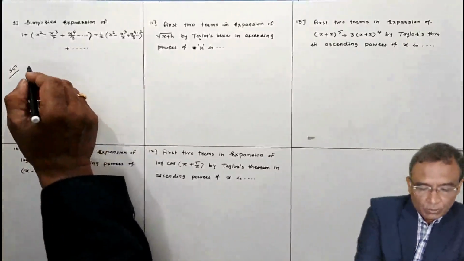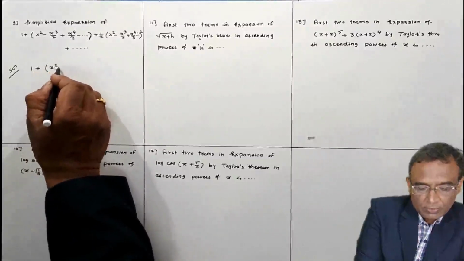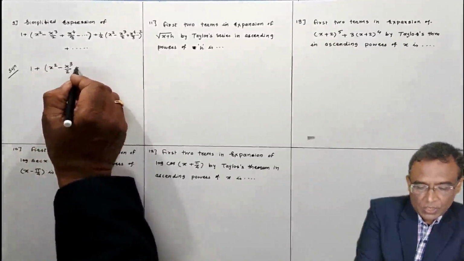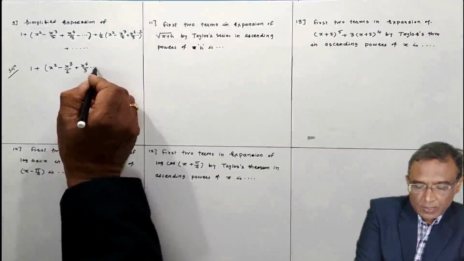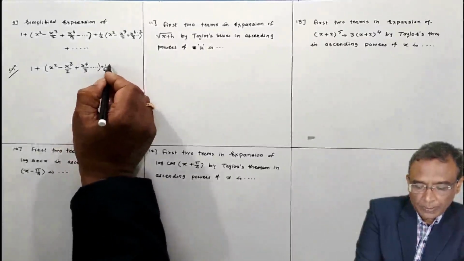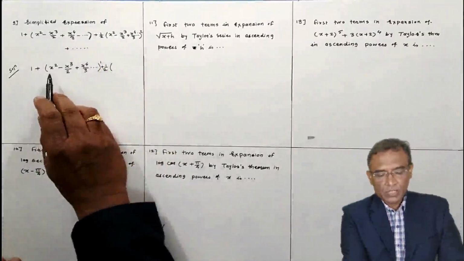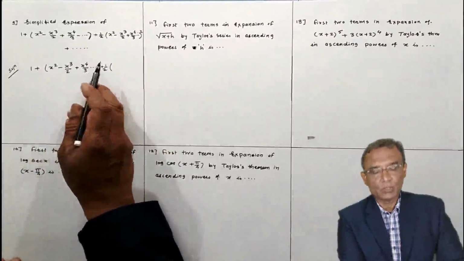Here, 1 plus this infinite series, and power of this bracket is what? Power of this bracket is 1. Okay. Power of this bracket is 1: x square minus x cube plus x to the power 4 plus x to the power 5 and so on.